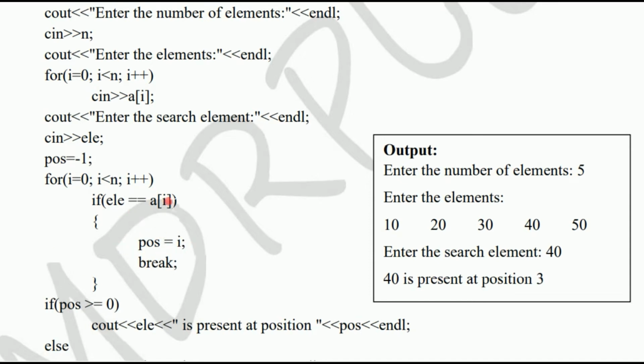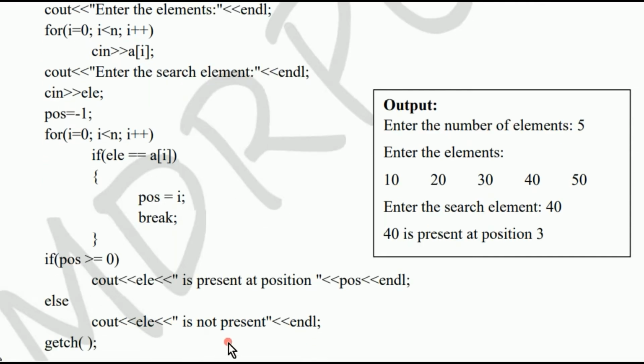If it is not there, it will go on and take the next element, a of 1. Again it repeats. If position is greater than or equal to 0, then the element is present at position POS. Otherwise, cout, element is not present. So in this way, we will continue.